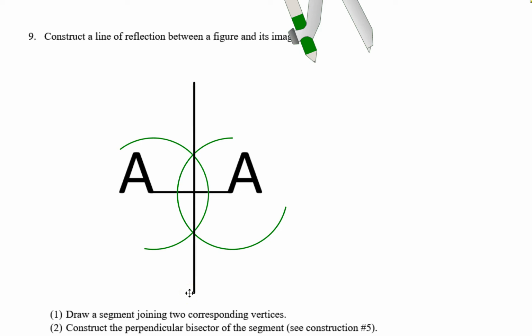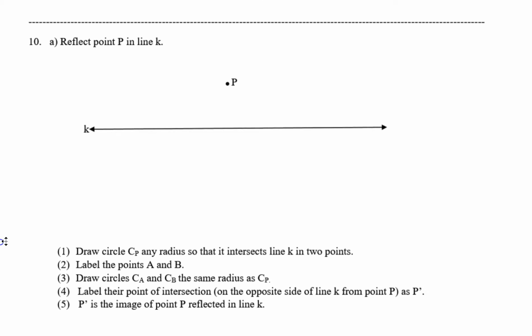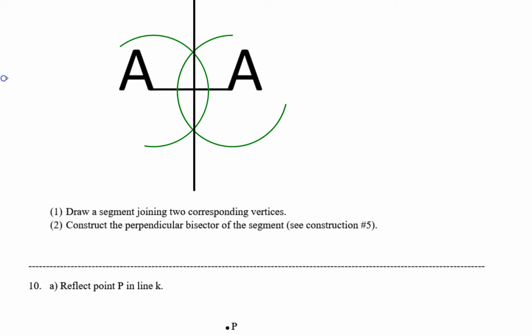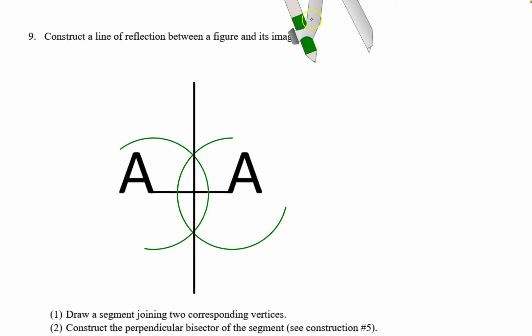And that's what the steps are saying down here. Okay, if we want to reflect a line, or reflect a point in a line, you can see the steps down here. With my compass, which I should probably grab from up here.